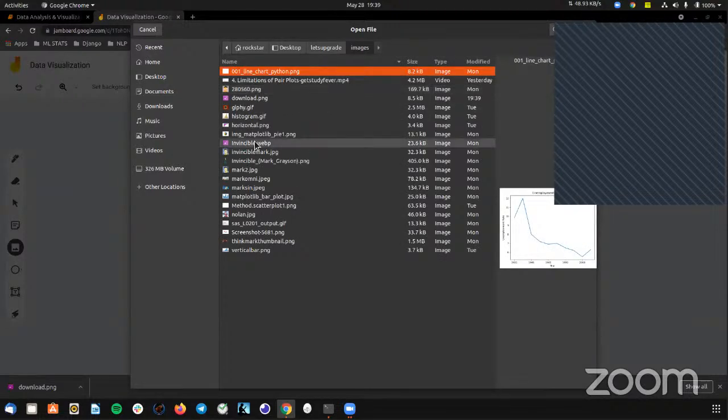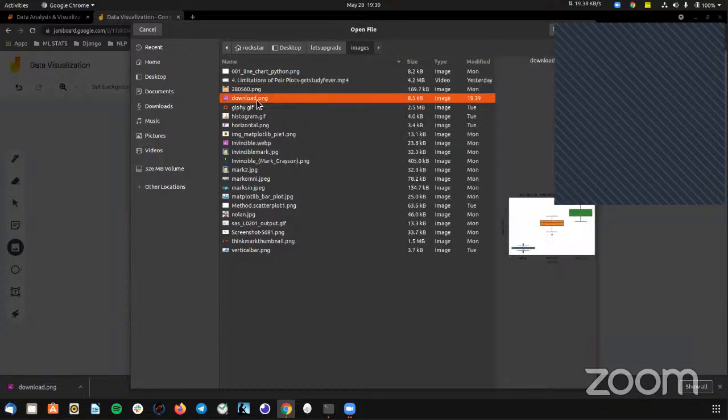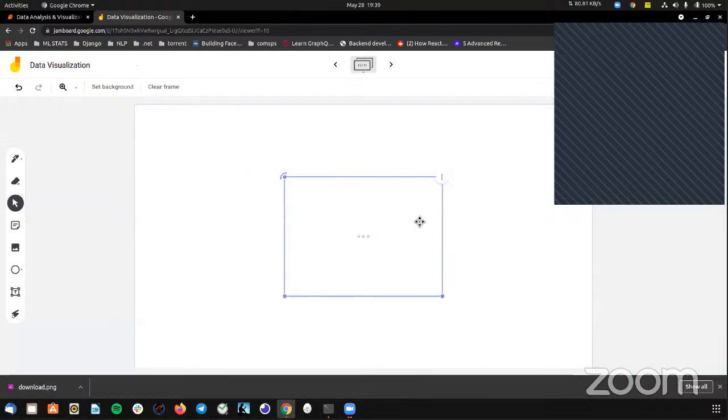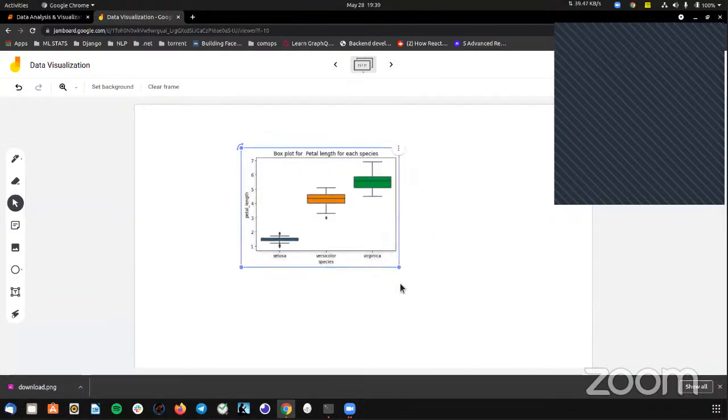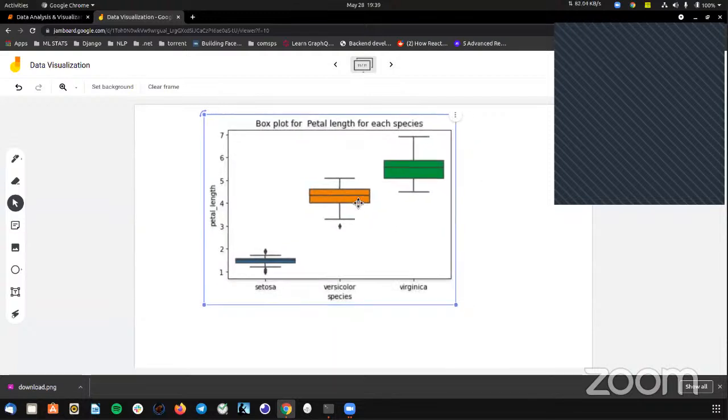Okay, so let's understand this box plot.